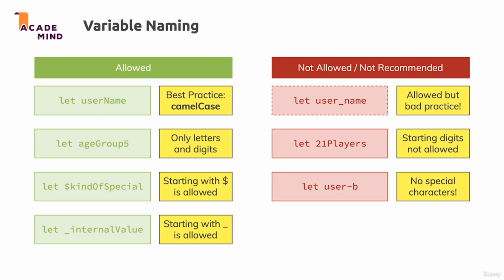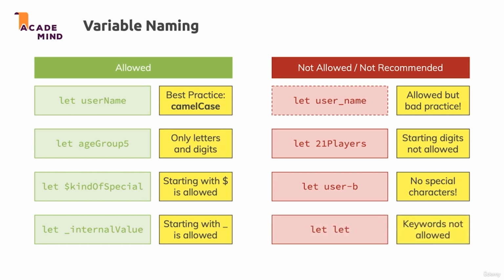And the last important thing you should keep in mind, in this course, you will learn about a couple of keywords, like let and const. And using these keywords as names is also not allowed, because how would JavaScript be able to find out whether you want to use the keyword here or your variable, right? It wouldn't, and therefore this is not allowed.